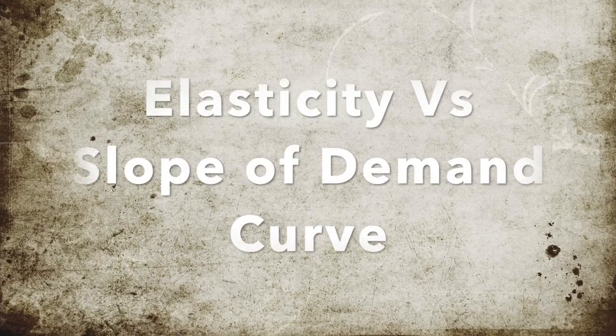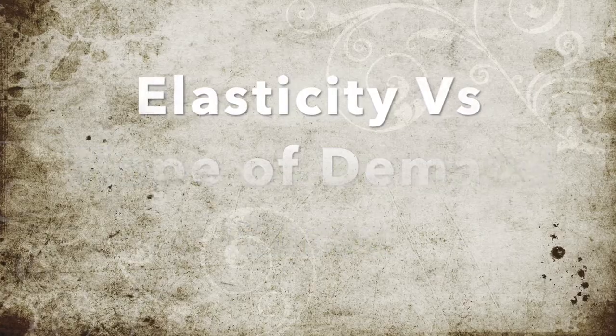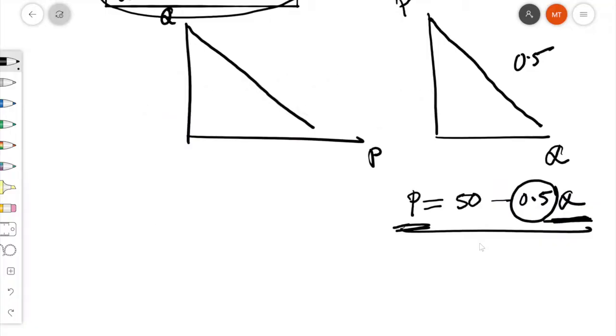Okay. The demand curve slope and the elasticity are not the same. So first we need to look at the definition of elasticity. Elasticity shows the percentage change in quantity divided by the percentage change in price.